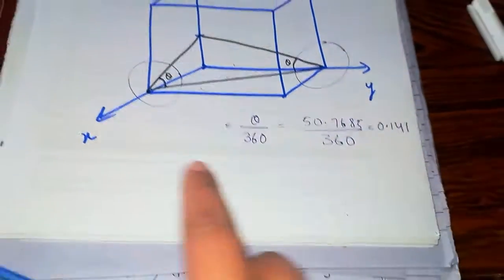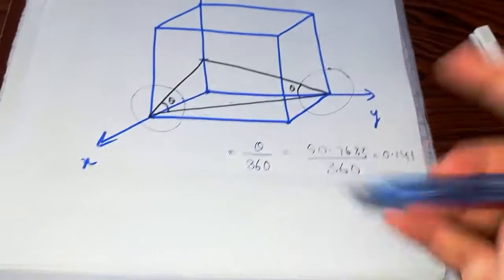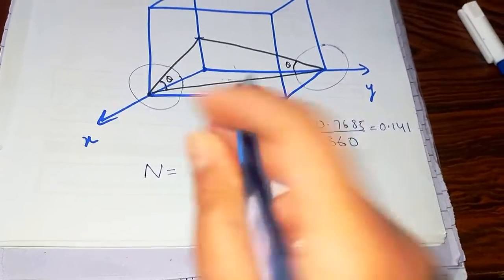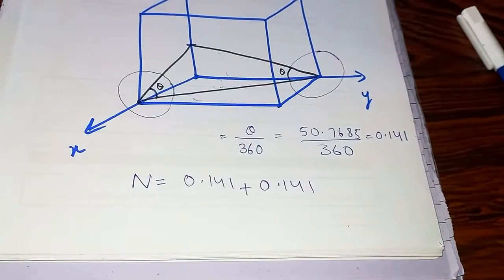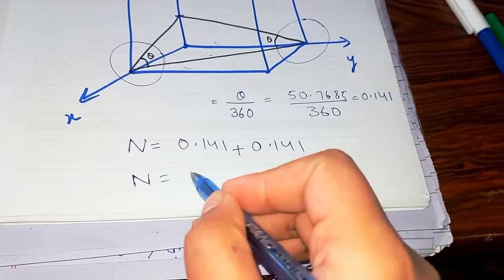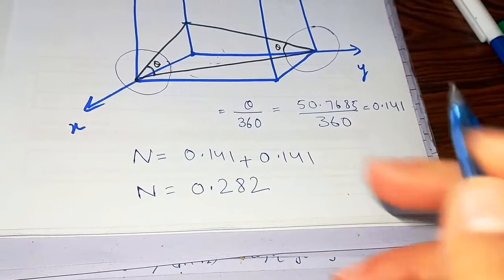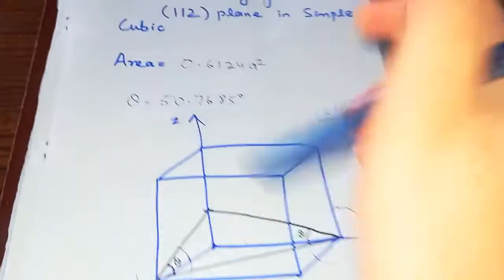It's 0.141. So this is this atom's contribution to the plane, and the same result will be obtained for this atom. So the net contribution is 0.141 for this atom plus 0.141 for this atom, which equals 0.282. That is the net number of atoms centered on the plane, and we have this area.